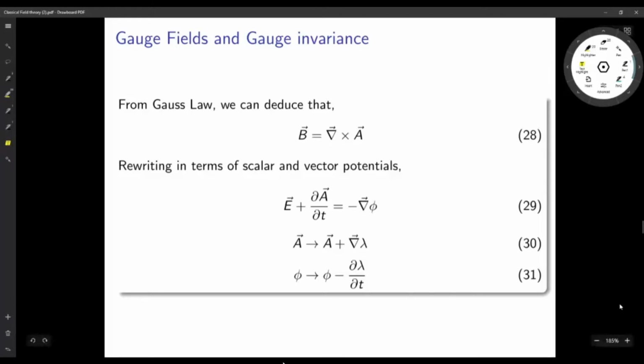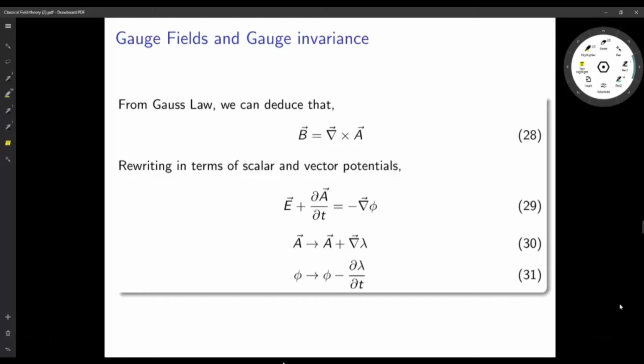If we make a small change in A, we don't know what A is yet, if we make a small change in A as A vector plus nabla lambda, and we choose our vector potential and scalar potential according to equation number 30, we can make a change in A right here so that your magnetic field or your electric field doesn't change.